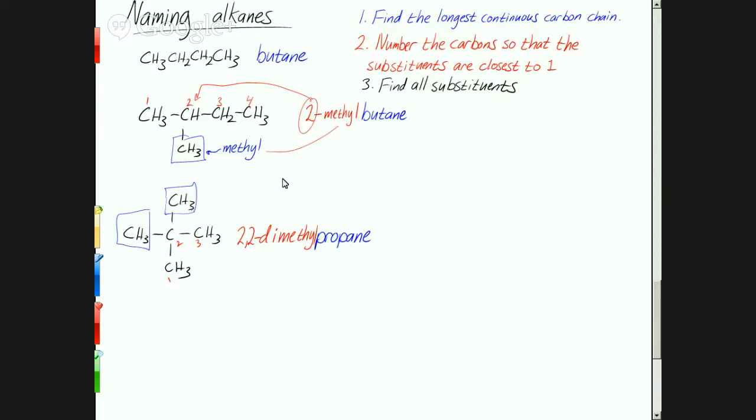These rules are called the IUPAC rules, International Union of Pure and Applied Chemistry. And they're set up to be unique. They're set up so that every different chemical will have a different name and only one name. That way we will always know what structure we're talking about. Before this, compounds would just have whatever name somebody wanted to give them.